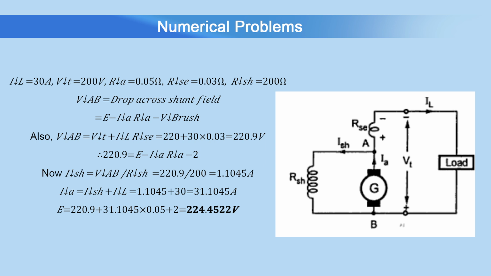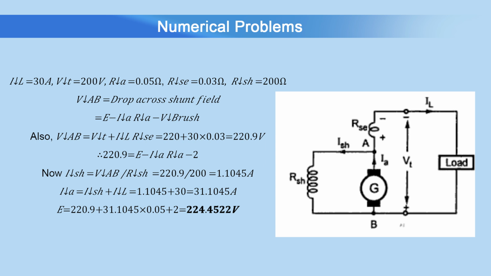Here the load current IL is equal to 30 ampere, and terminal voltage VT is 250 volt, and armature resistance is 0.05 ohm, and series field resistance is 0.03 ohm, and shunt field resistance is 200 ohm, and voltage drop across the brushes is 1 volt per brush.